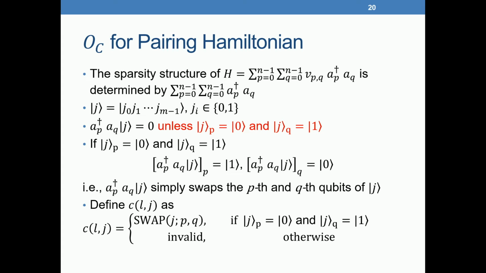So let's just look at that sparsity structure, and let's represent this J cat, which is the jth column of the Hamiltonian, by just a bit string.